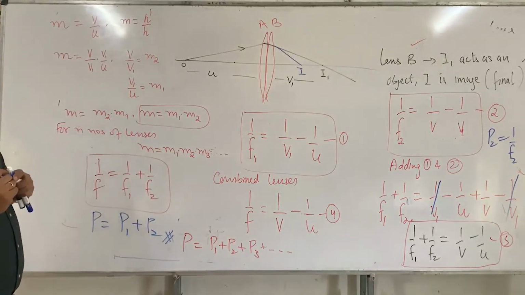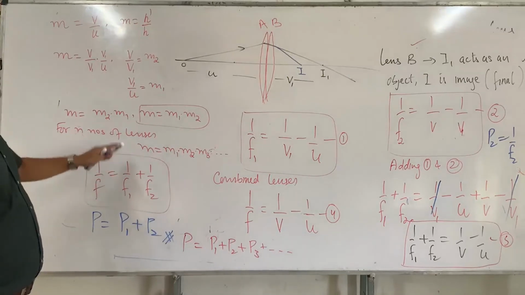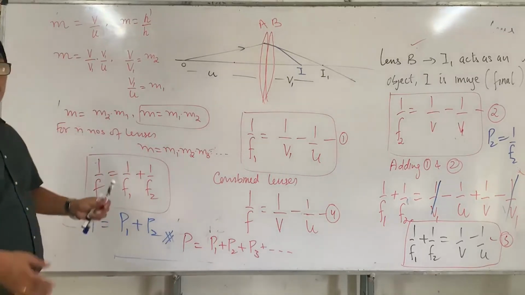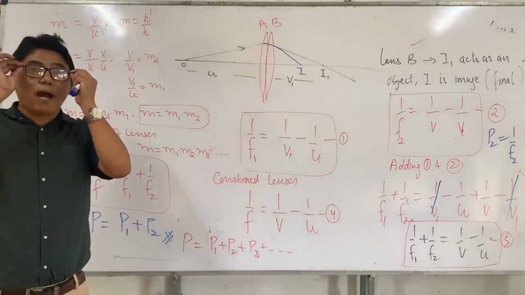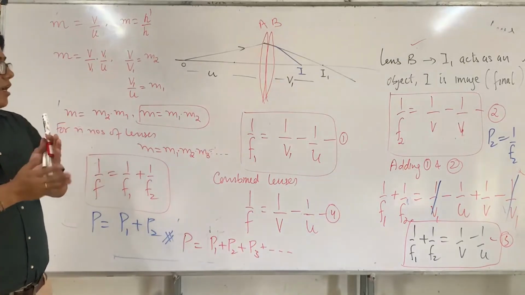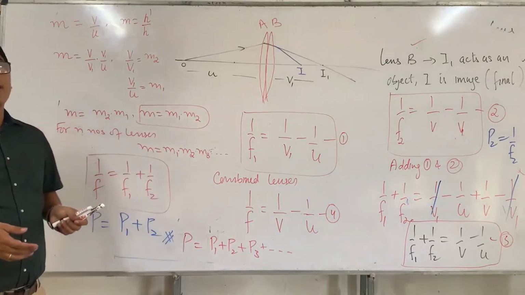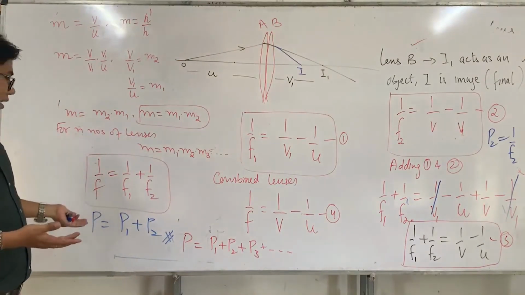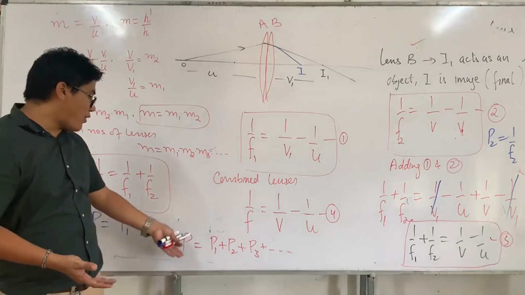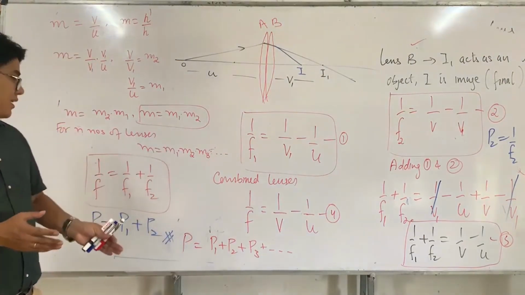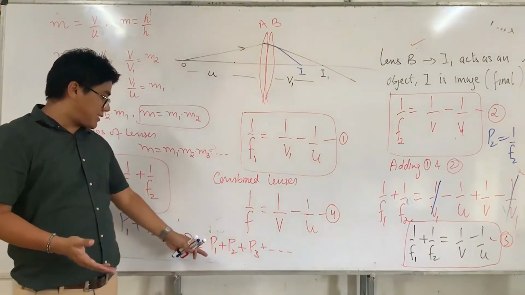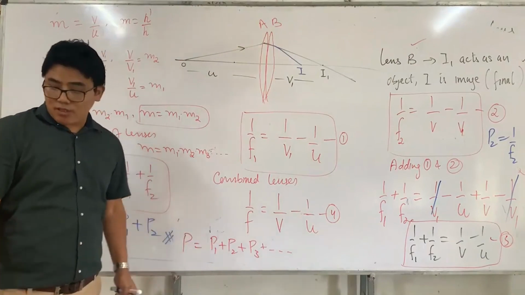This is the total magnification. So in short, when we combine the lenses, the magnification is the product of the individual magnifications, unlike power, where the net power is the algebraic sum of the individual powers.